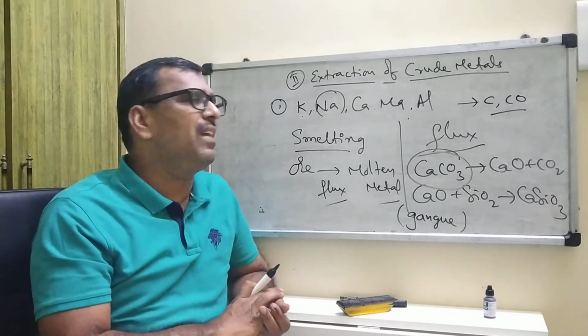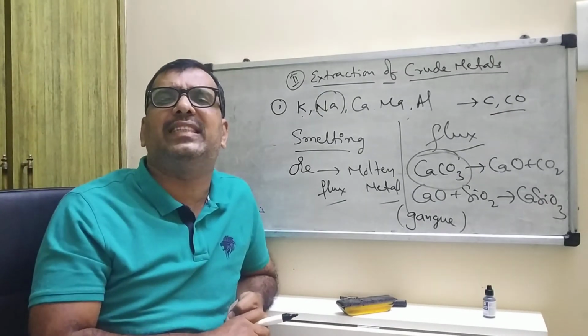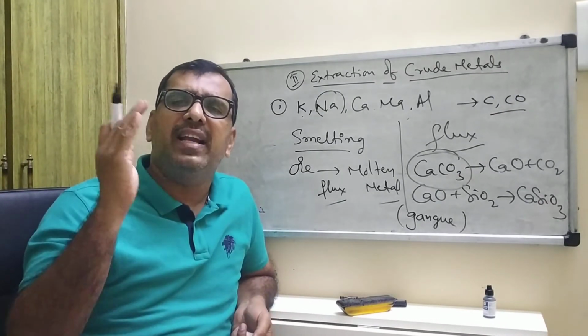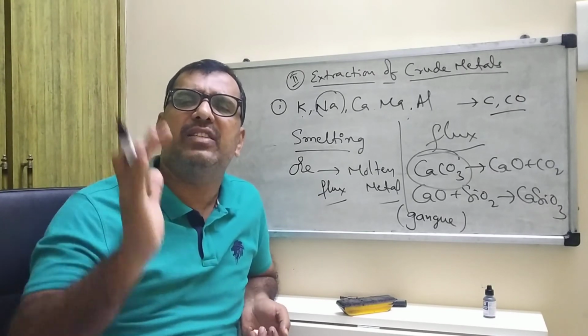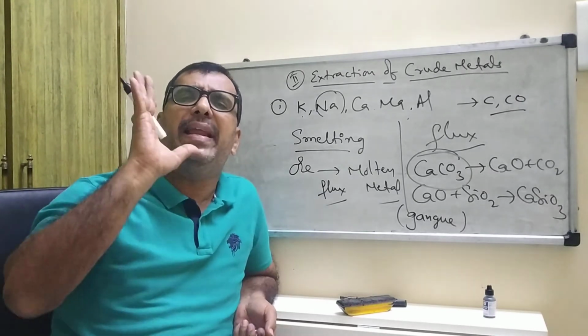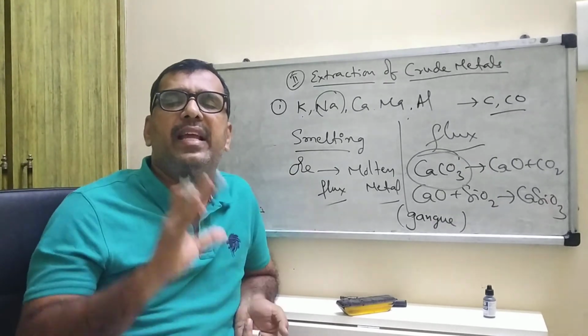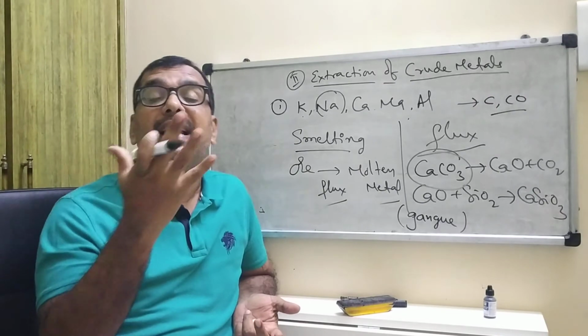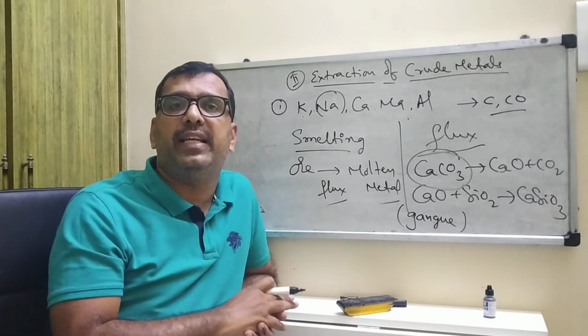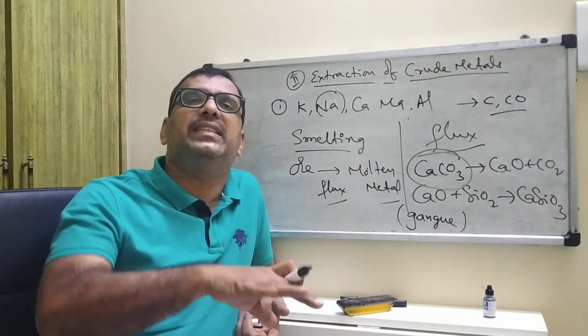These four terminologies are very, very important: what is calcination, what is roasting, what is smelting, what is flux. I explained them clearly. In many competitive examinations, they will ask: what is calcination? Heating in the absence of air. What is roasting? Heating in the presence of air.